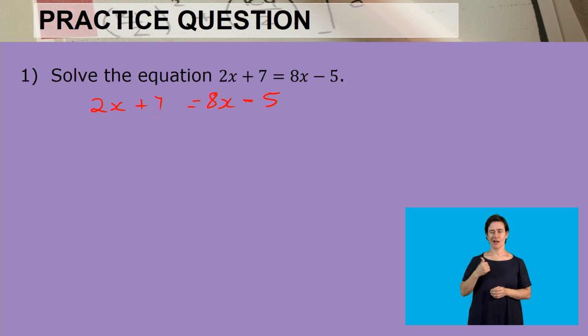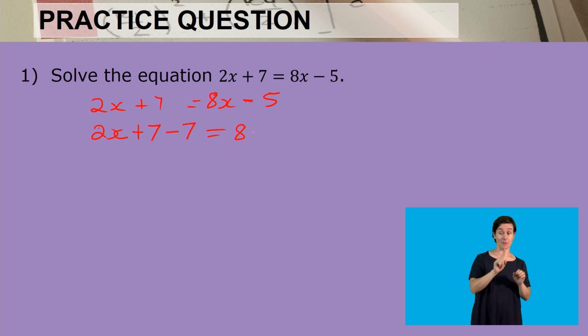We need to first eliminate the constants, and so we'll start with the 7 on the left, so that we can remain with x on the left. We are going to use the additive inverse for plus 7, which is negative 7. On the left we have 2x plus 7 plus negative 7, and on the right 8x minus 5.